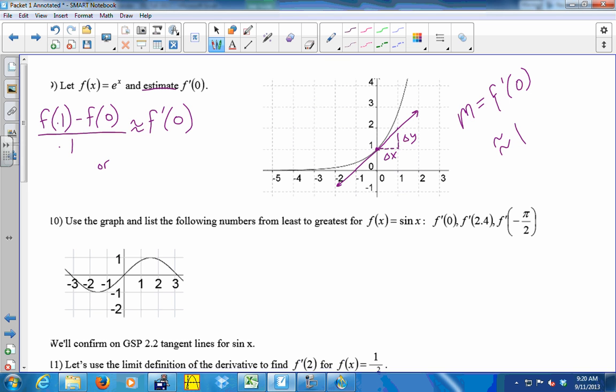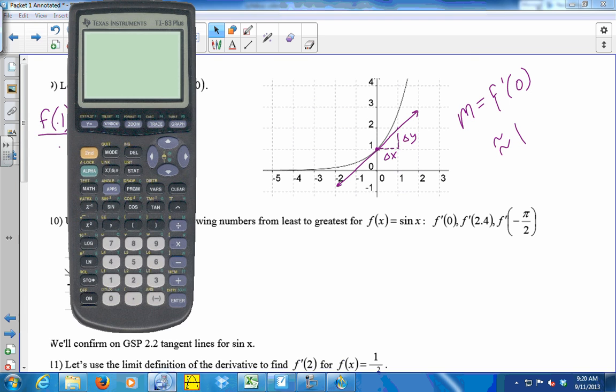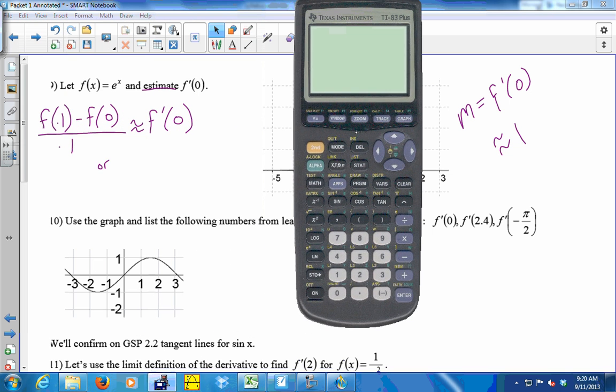And then let's just make sure that our numerical approximation gives us something close to 1, because these are just two approaches to answering the exact same question. So I'm going to do e to the 0.1 minus e to the 0 over 0.1.